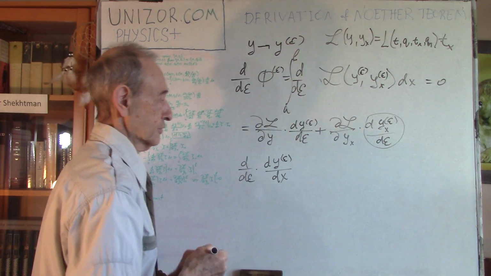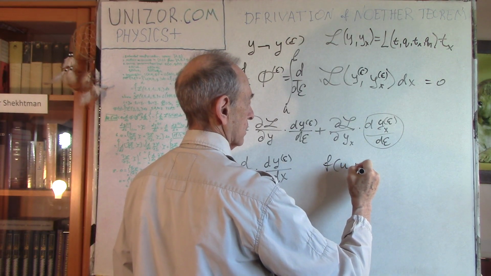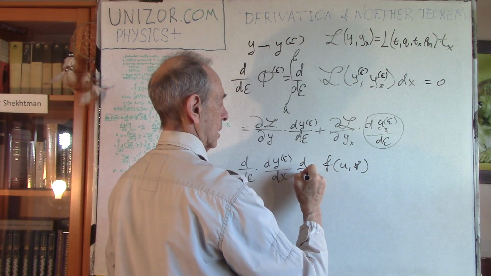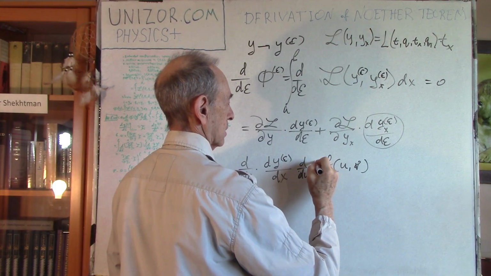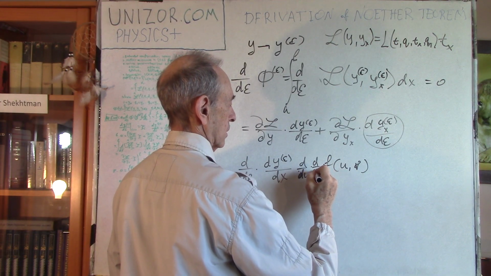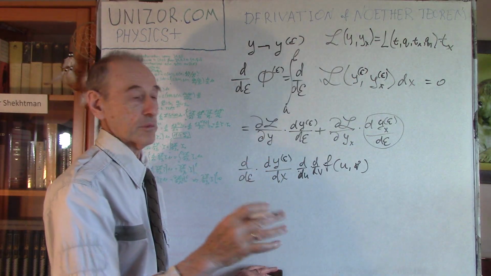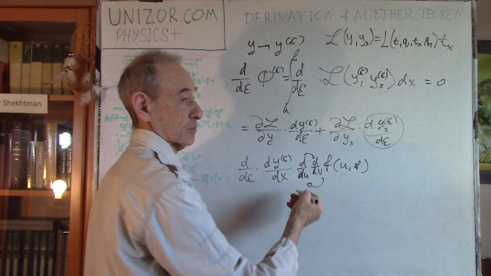If you have a function of two parameters, f of u and v, and you differentiate by u and then by v, in a very broad number of cases we can interchange the order of differentiation.